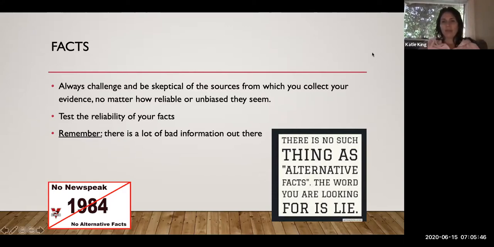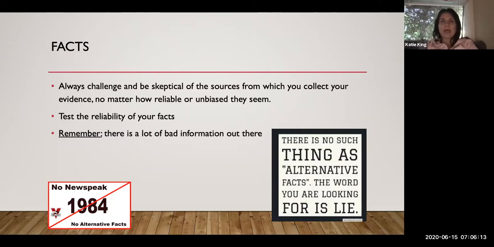When you're gathering facts, be skeptical, especially if you agree with what you're reading. We've all kind of fallen prey to being that person who shares something on social media and then realized it was not from the most factual source. That makes us lose credibility in the eyes of our peers.